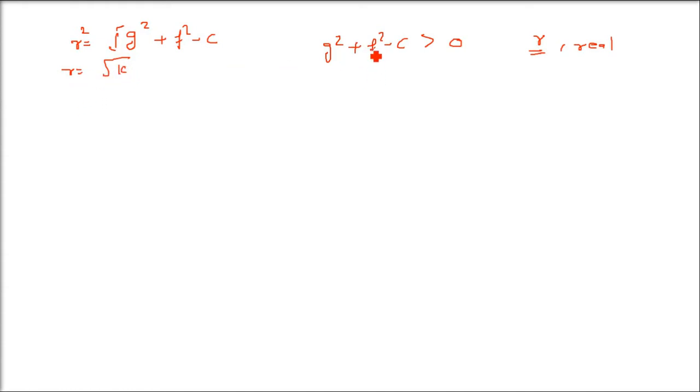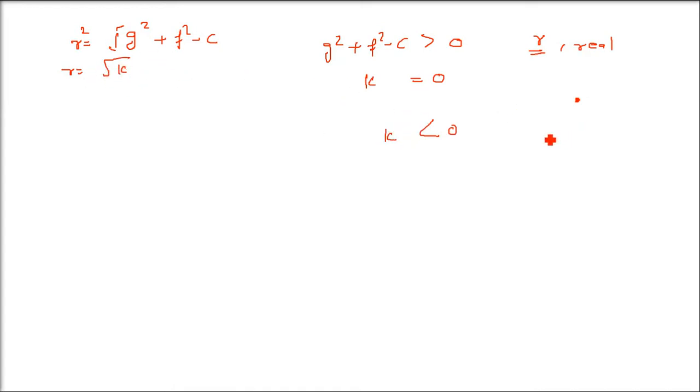Now if this k is 0, then what will happen? This will be a point circle. There will be no circle. The radius will be 0 actually. What about g square plus f square minus c less than 0? If we assume g square plus f square minus c as k, and k is less than 0, it's negative.